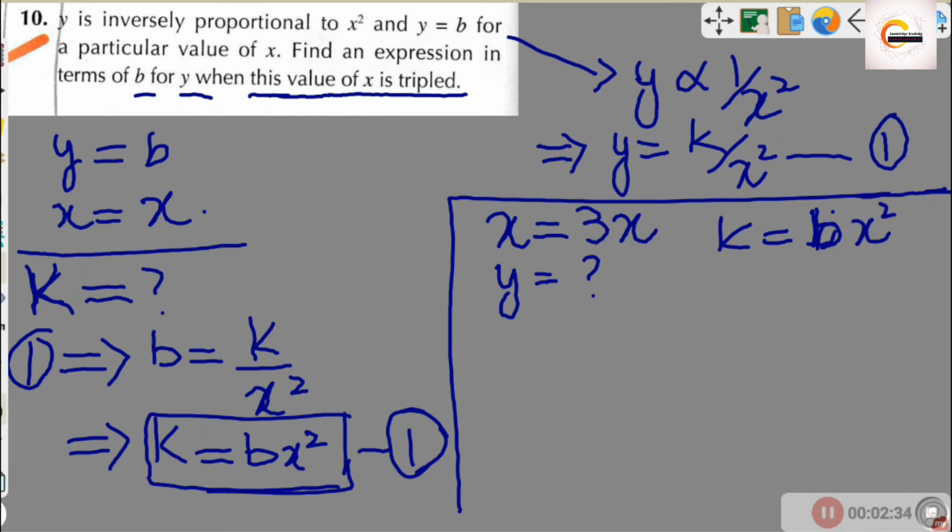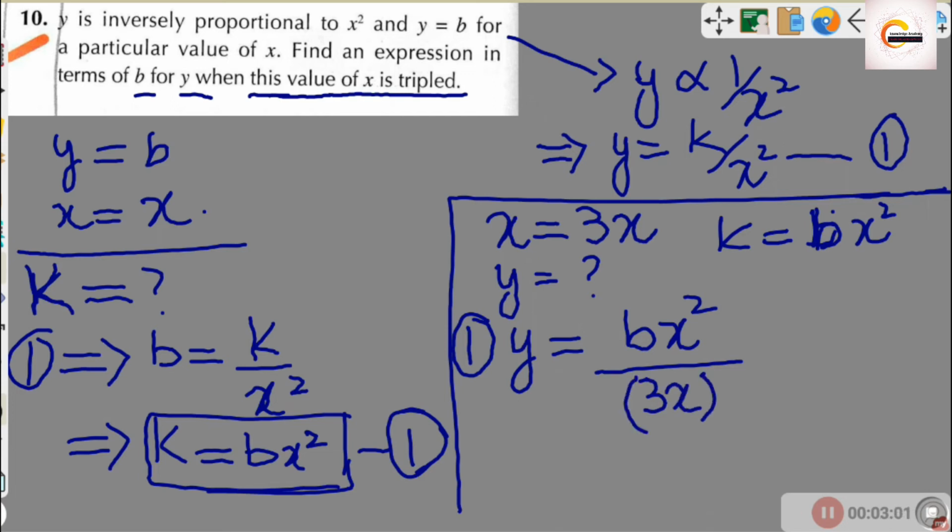We'll put all these values in formula number 1 and get the value of y in terms of b. Simple. So y is equals to, value of k is b into x square, and the value of x is (3x) whole square, because here it's x square and we know the value of x here is tripled from its initial value, so it's 3x.